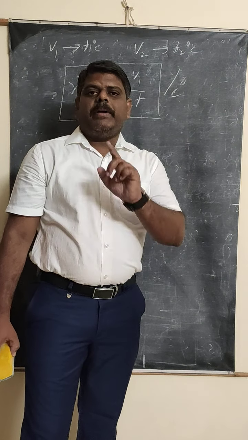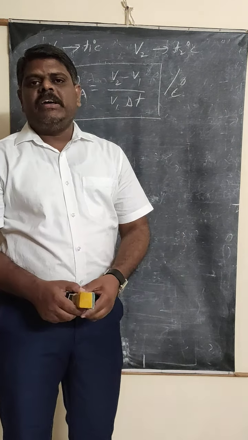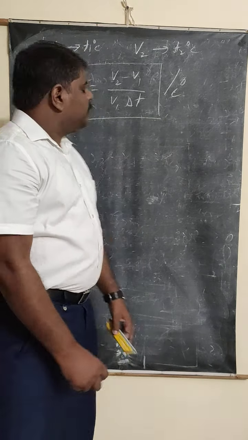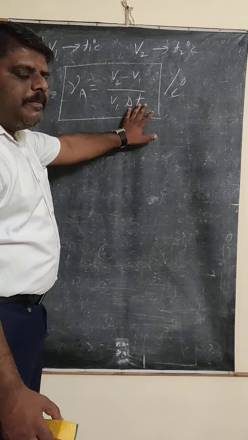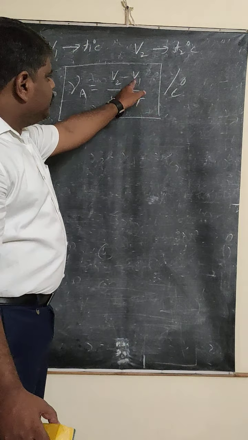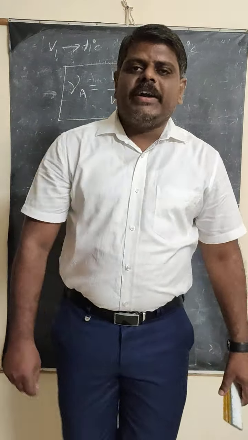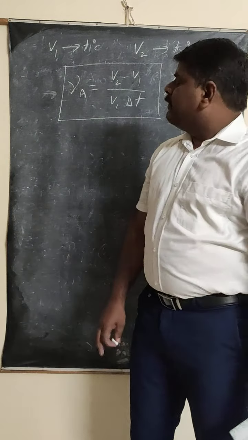This change in temperature you are making equal to 1 degree Celsius. That means you are increasing the temperature by 1 degree Celsius only. So if delta T is equal to 1, then the numerator is the change in volume and the denominator is the initial volume. Now how can you define it? Refer to the definition very carefully.